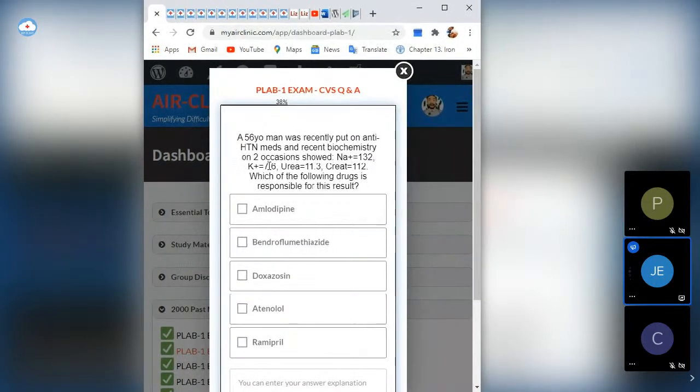In fact, this is a severe hyperkalemia. Then urea of 11.3: they give us 2 to 7, so 11.3 is elevated. The creatinine of 112 is within the normal range of 50 to 120.